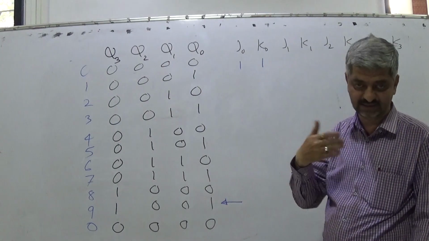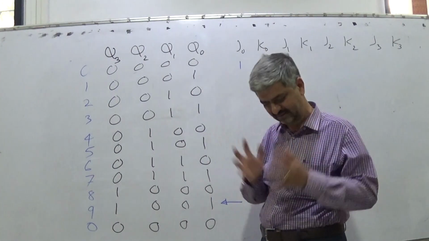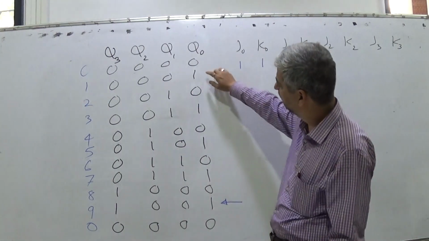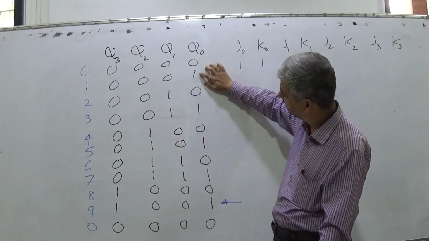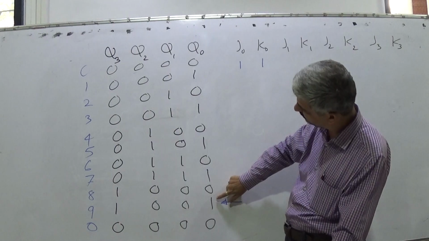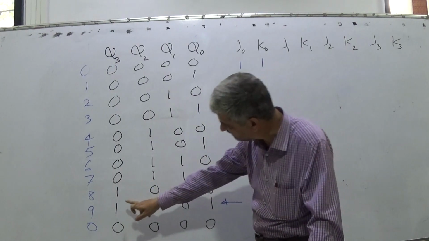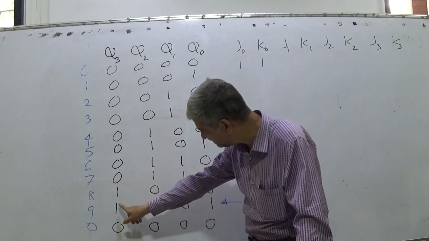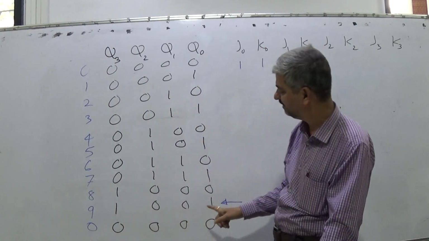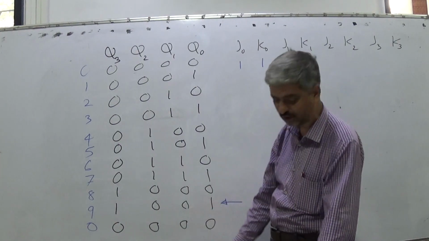In fact, the detailed K-map design is not shown because it is assumed to be very simple, but I will still explain. When Q0 is 1, it toggles, except when Q0 is 1 and Q3, Q2, Q1 are 1 0 0. If these are 1 0 0 and Q0 is 1, it should not toggle.